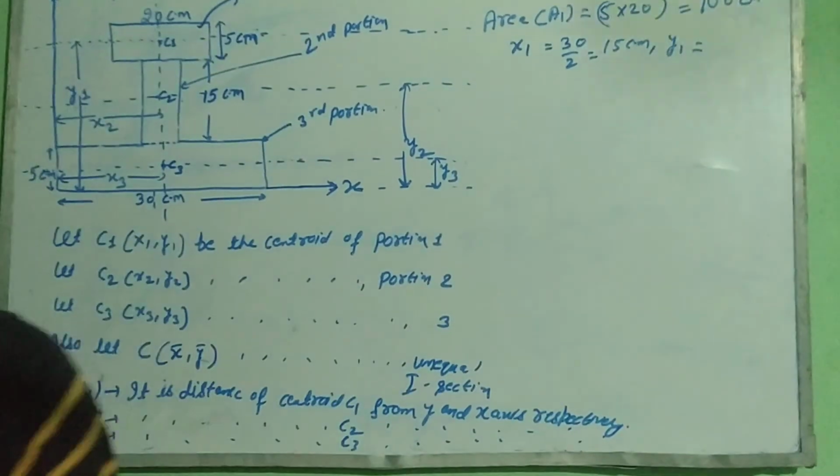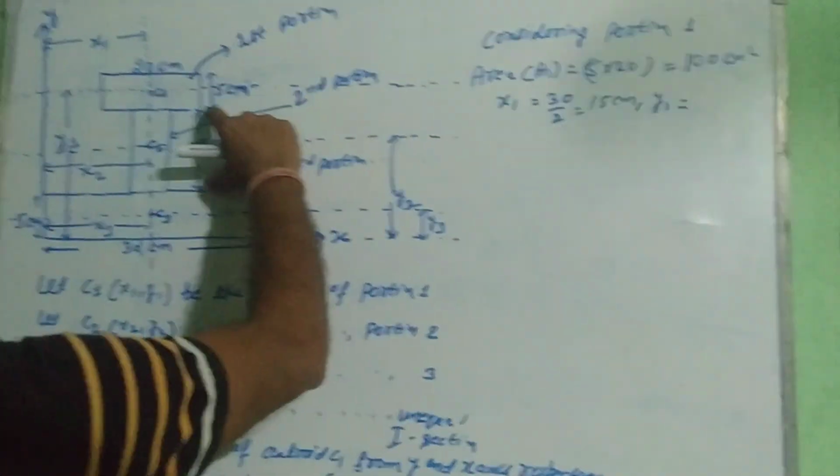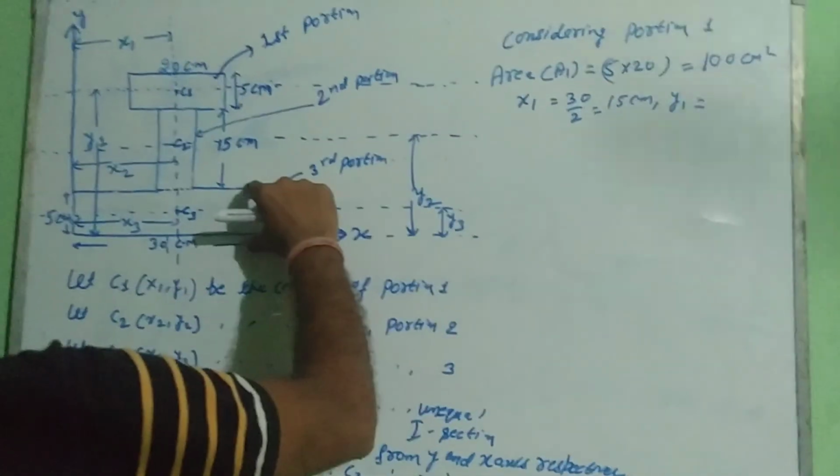y1 is equal to the total height. This height is 15 and this is 5.